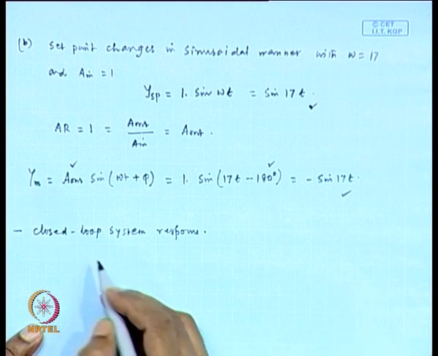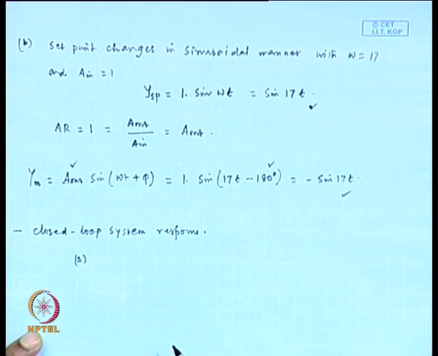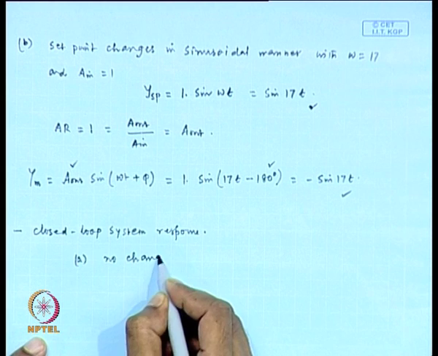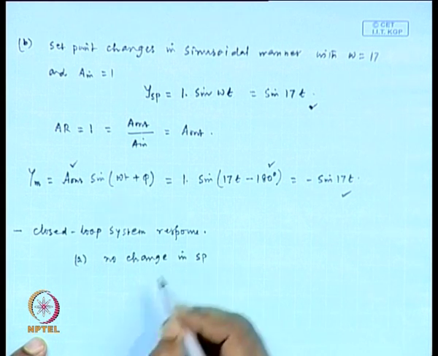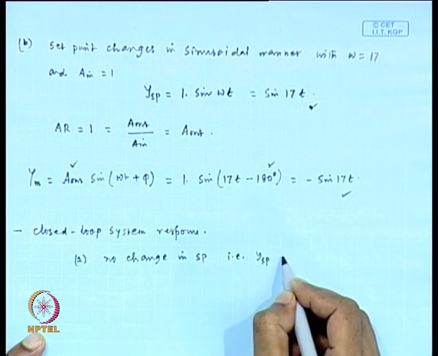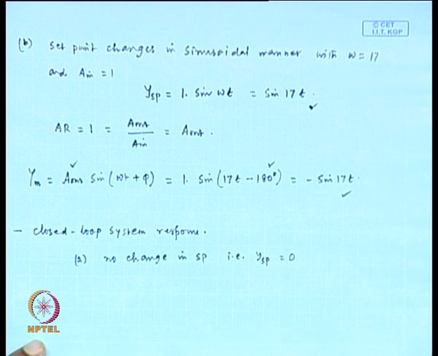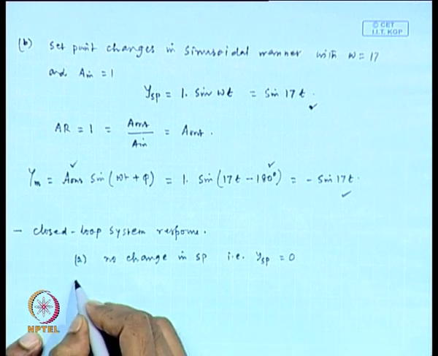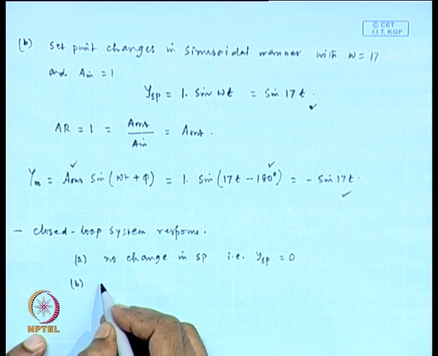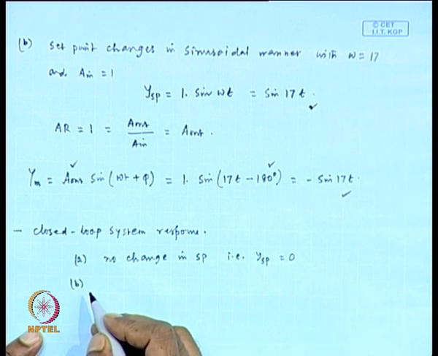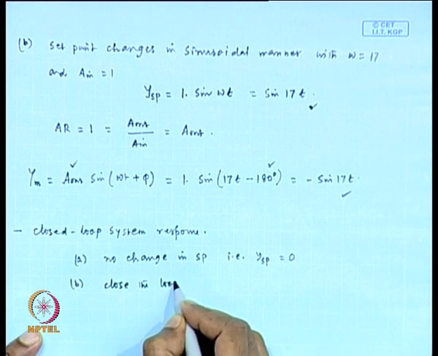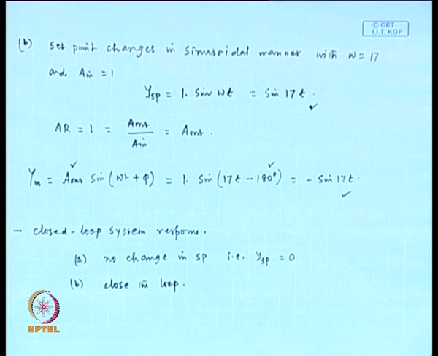They are no change in set point, that means y set point equal to 0. At the same time, we consider another point, that is close the loop. This is the second point.